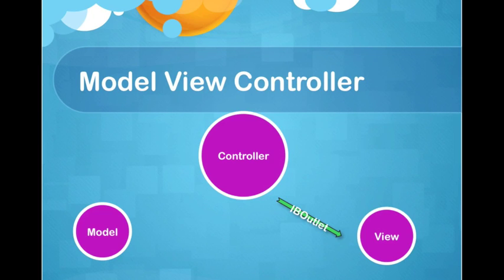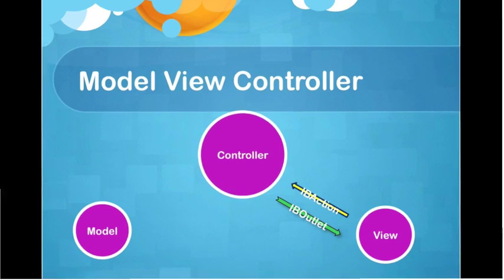And what would happen if the view wants to communicate with controller? So we call it IB action, which was a button or slider or anything else. It could just send a message to the controller and say, okay, something happened on view, and then controller decides what to do with that action.